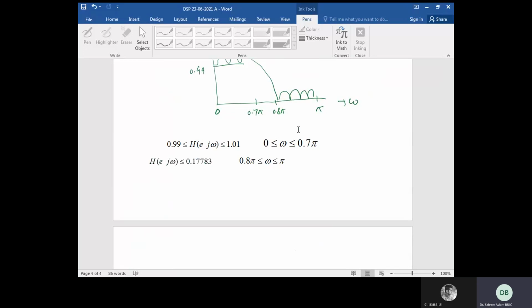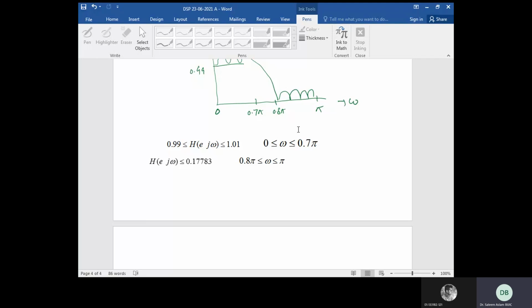So first you have to understand the specification. You know this might be the transition region, and depending upon the transition region, it will give you an idea of what order of filter you can use in the design of this low pass filter. Here we use the values 0.7 pi to 0.8 pi, so there is a difference of 0.1 pi.